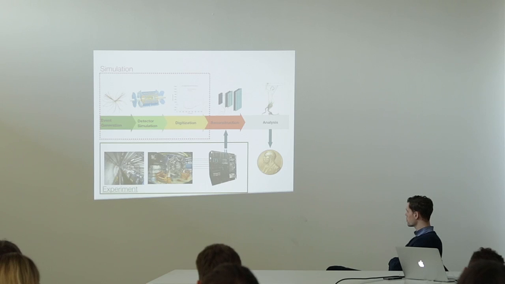Out of both worlds, we get the same input for our final two steps. So we simulate and emulate everything up to the point that we get the same signals that a detector would give us, including all electronic readouts, whatever you can think of.